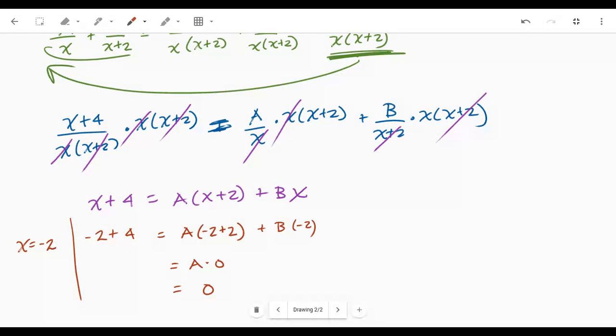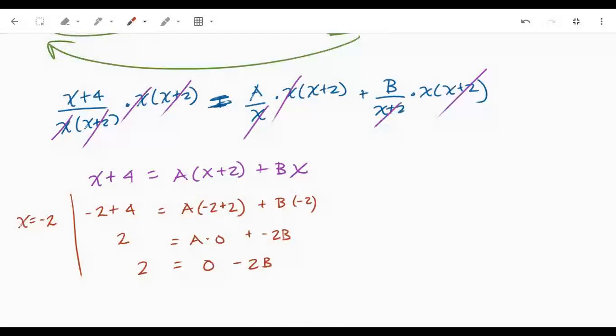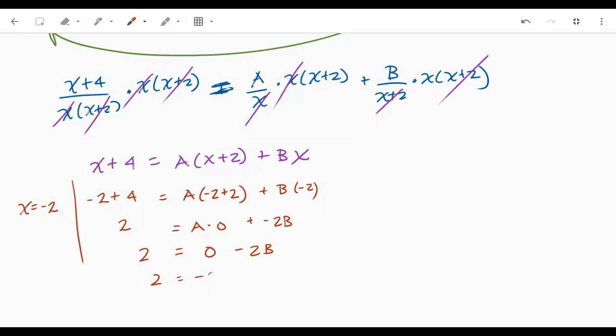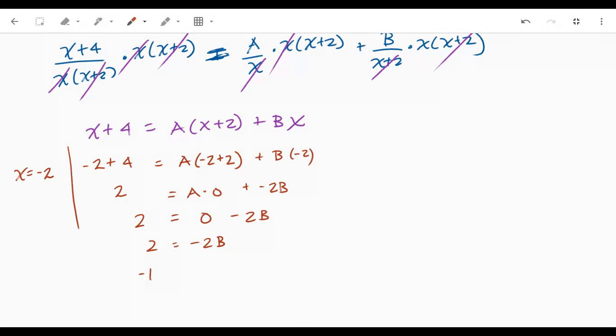So I get 2 = 0 − 2B. So 2 = −2B. Divide both sides by −2, and then −1 has to equal B.